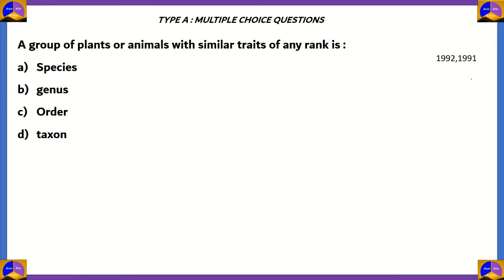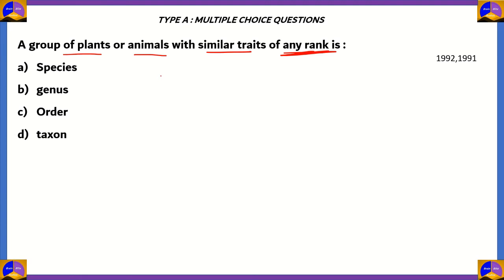Here's a question that was asked twice, in 1992 as well as 1991. A group of plants or animals with similar traits of any rank is called species, genus, order, taxon. Which of these is correct?